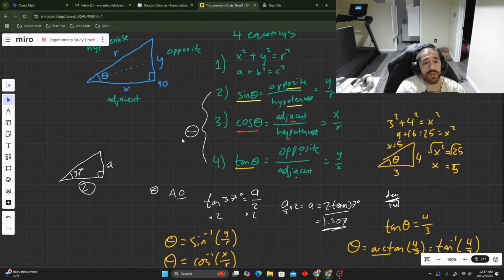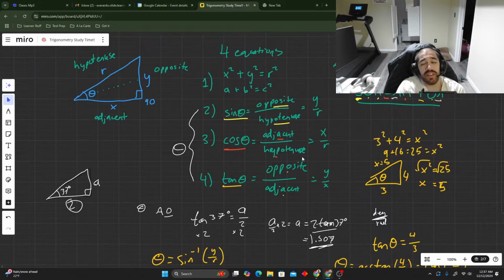So we just reviewed previously the standard equations you need. You need the Pythagorean theorem and the 3 main trigonometric equations: sine, cosine, tangent. You can figure out how these operate using this little acronym of SOHCAHTOA. This helps remind us what we're doing and where we're getting it from. So sine is the opposite over hypotenuse.